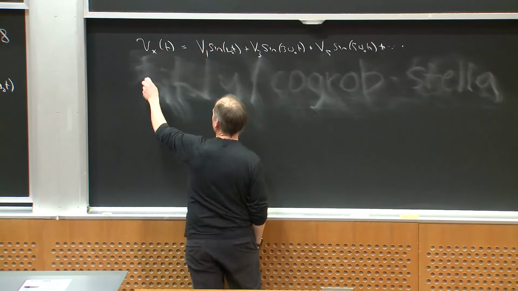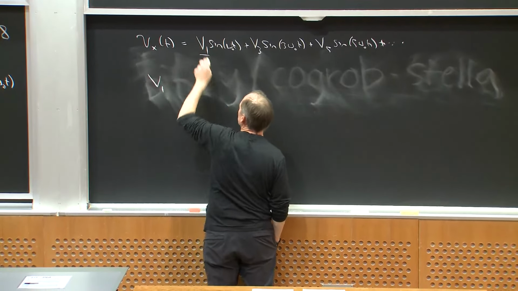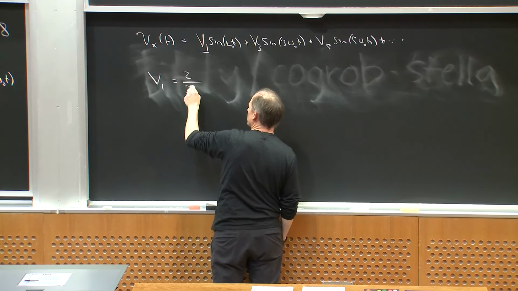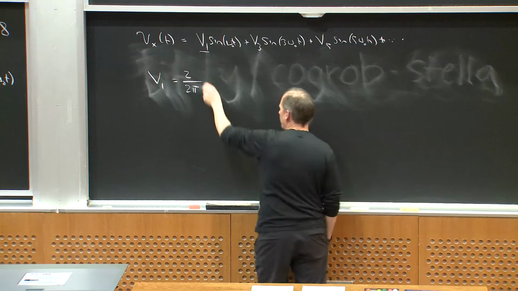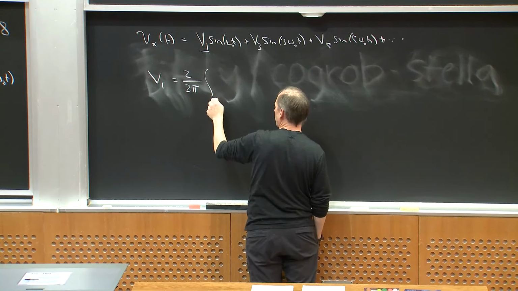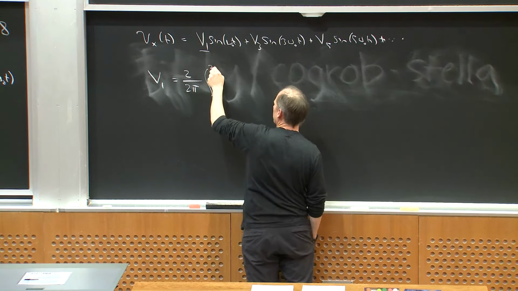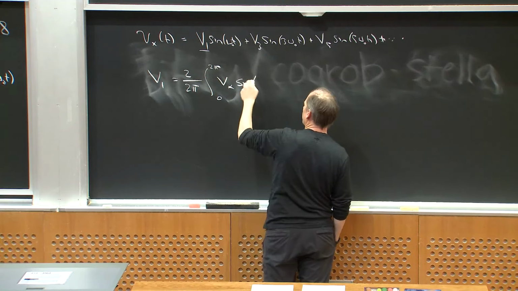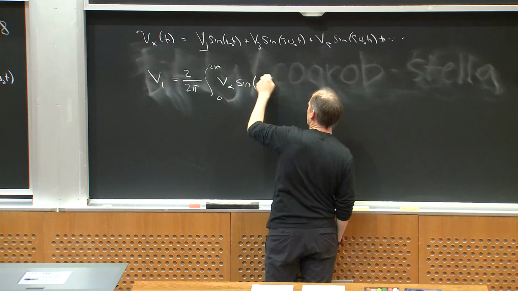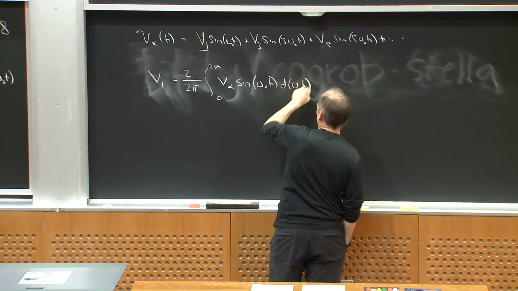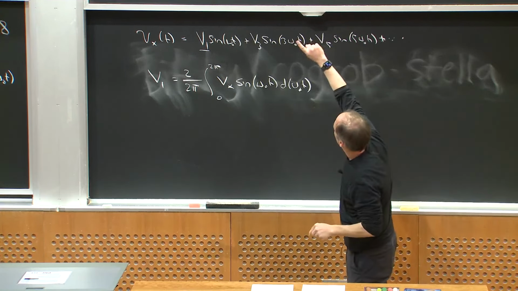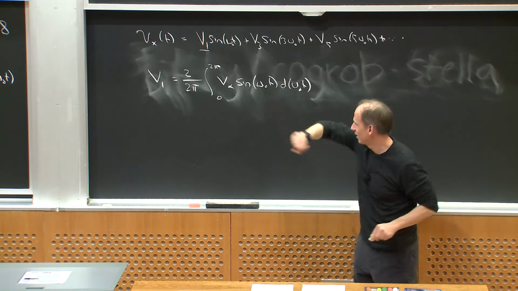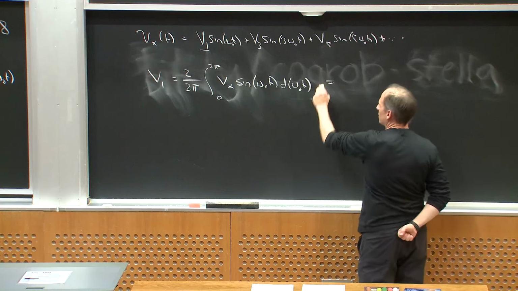So V1 in this expression would simply be equal to 2 over 2 pi, in this case I'm doing it in electrical angle, integral over 0 to 2 pi of Vx sine of omega naught t d omega t, right? Because I'm going to multiply that by the sine wave. Conveniently, I've drawn the sine wave up there.